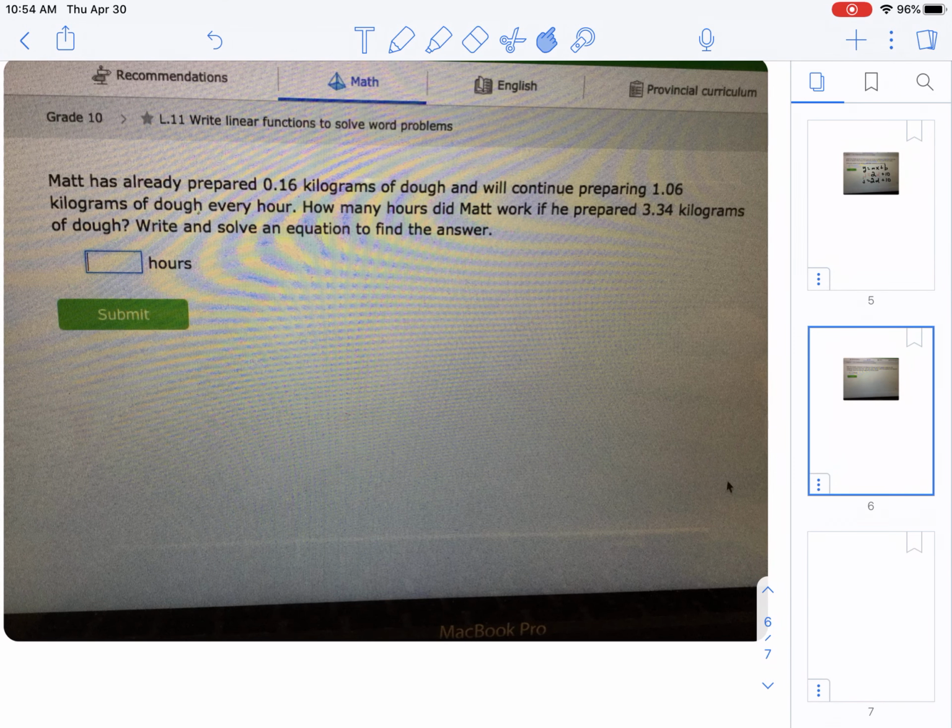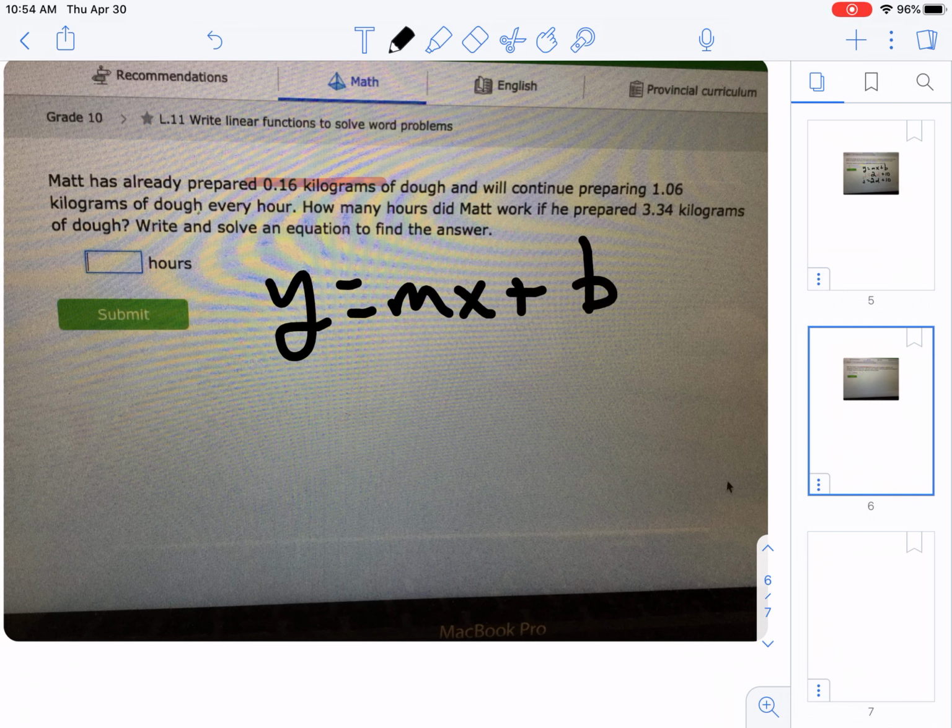Okay, the last example, the question says, Matt has already prepared 0.16 kilograms of dough, so we know that's going to be the starting value when we use the equation y equals mx plus b. And we'll continue prepping 1.06 kilograms of dough every hour.